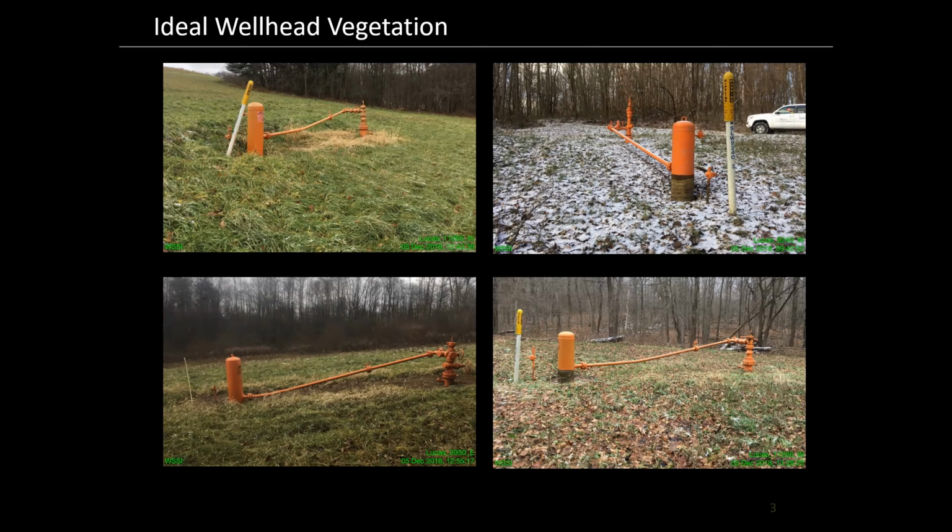The vegetation surrounding the wellhead within 60 feet should all be low height herbaceous vegetation. It shouldn't have any trees, no scrubby, woody stemmed shrubs nearby, and obviously no structures or pavement or anything like that. It should be just a clear, low vegetated plot of land.